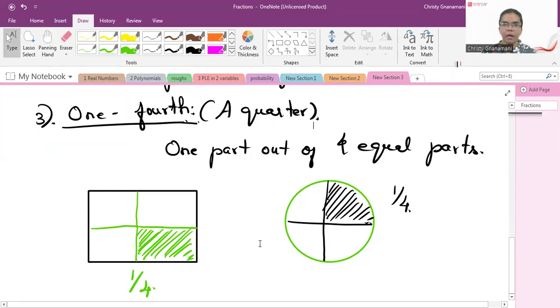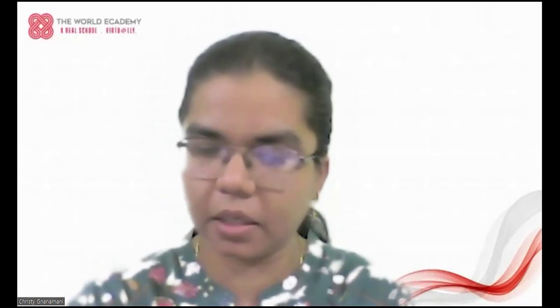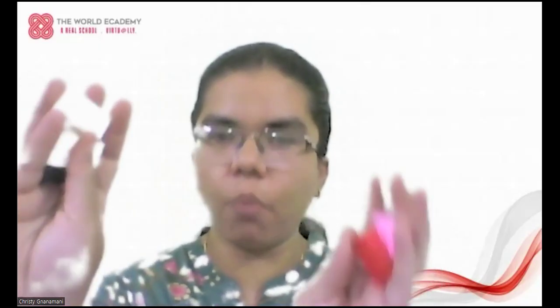So I've got some Lego blocks, and let's try to represent 1/4 of the given figure. I've got some red and white blocks. I'm trying to represent 1/4, or a quarter, with these Lego blocks.